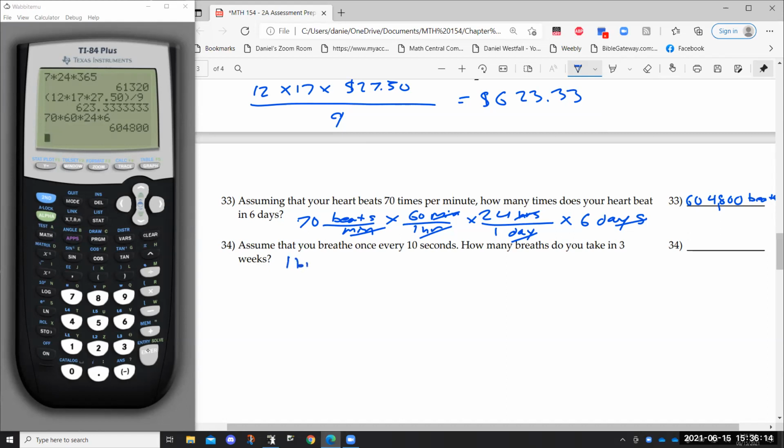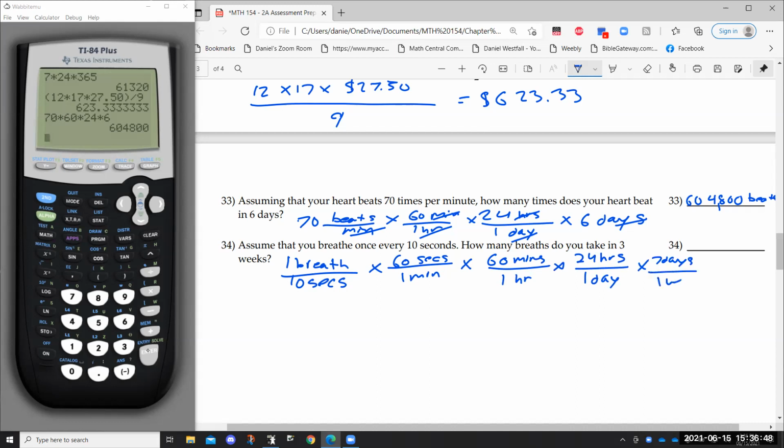So 1 breath every 10 seconds times there's 60 seconds in 1 minute times 60 minutes in 1 hour times 24 hours in 1 day times 7 days in 1 week times 3 weeks.